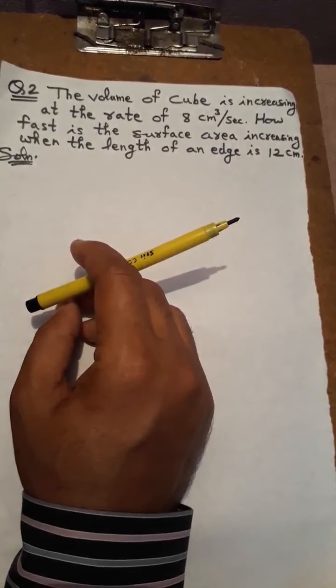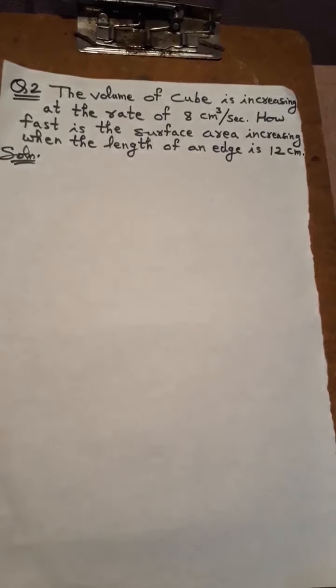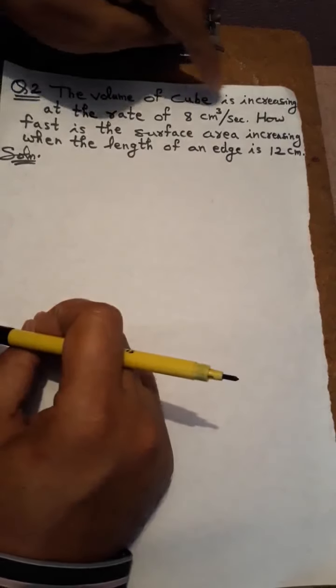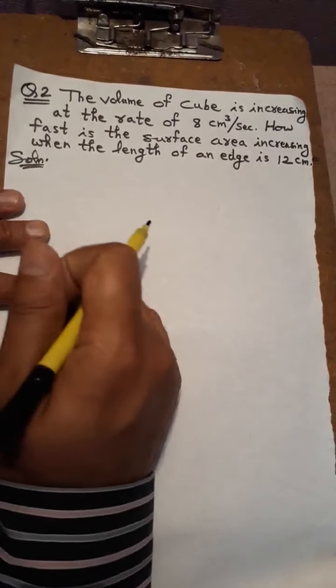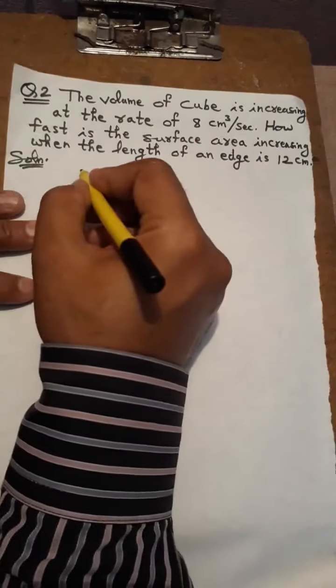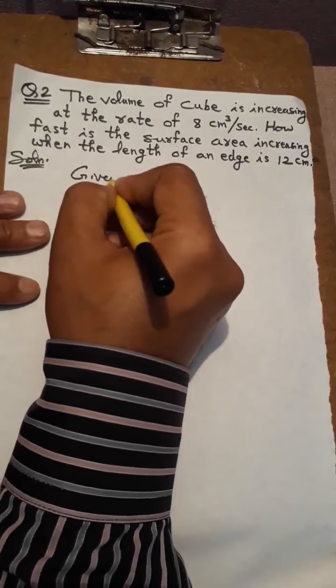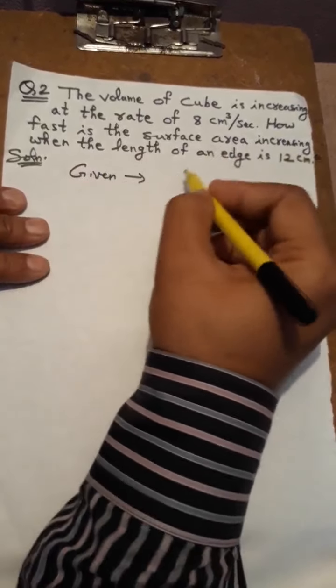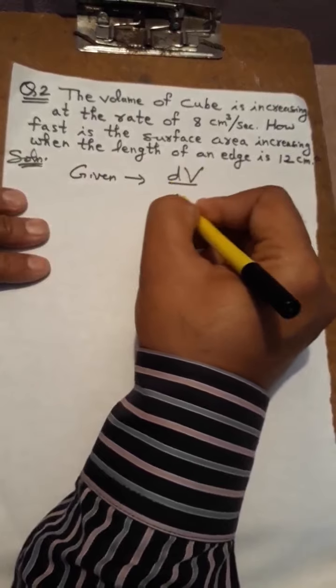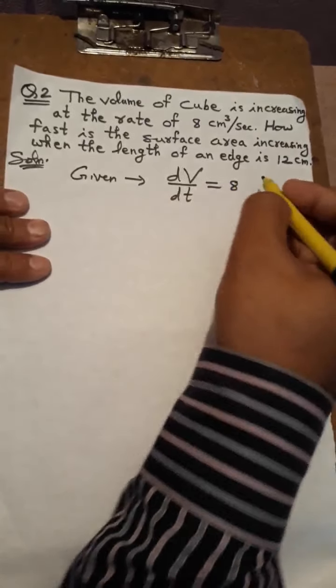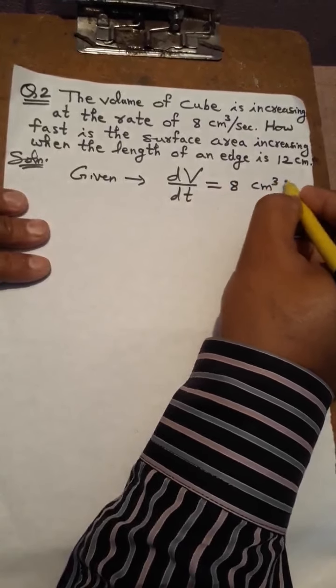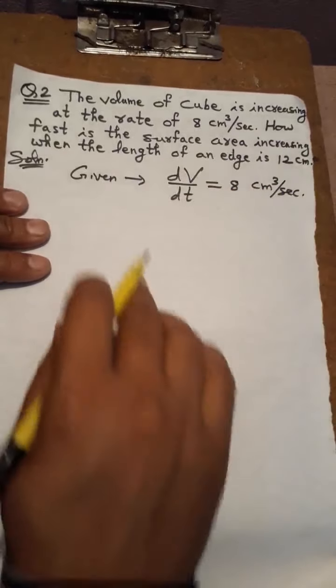So let us solve this question. What is given? dV over dt is given. Its value is 8 and its unit is centimeter cube per second.